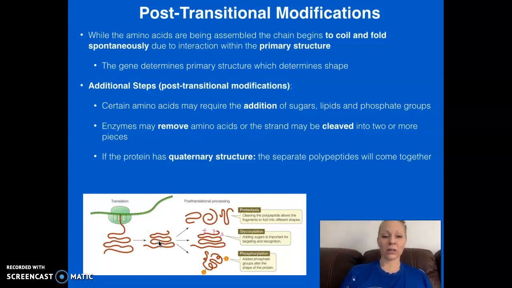Amino acids are going to sometimes require sugars, lipids, and phosphate groups. Sometimes they're going to be cleaved in different spots. Sometimes the protein chain is going to be cleaved and broken apart, and sometimes there's going to be quaternary structure, so those polypeptide chains are going to need to come together. And so this is going to happen after it leaves the ribosome.